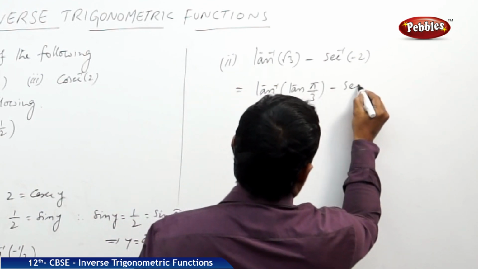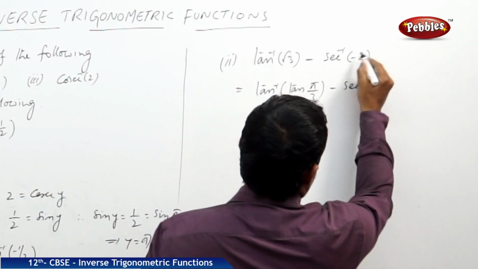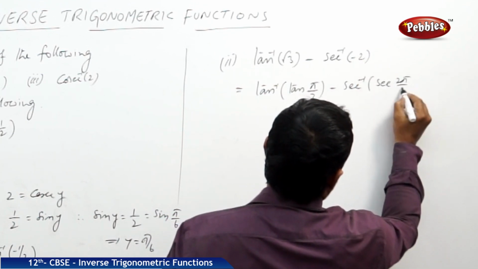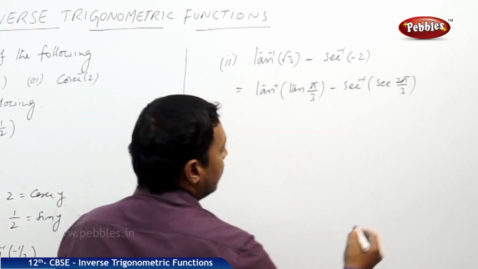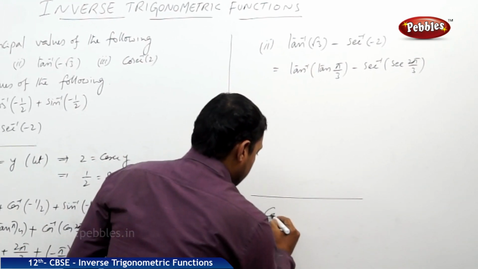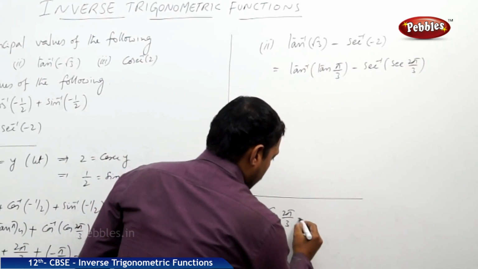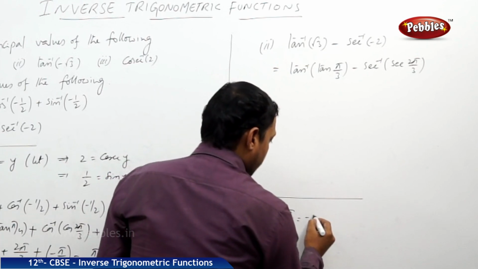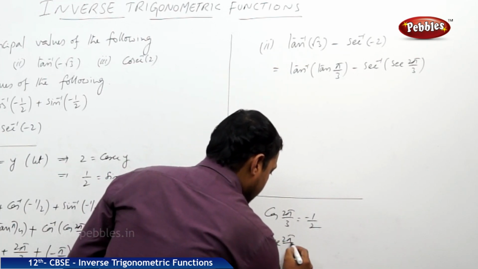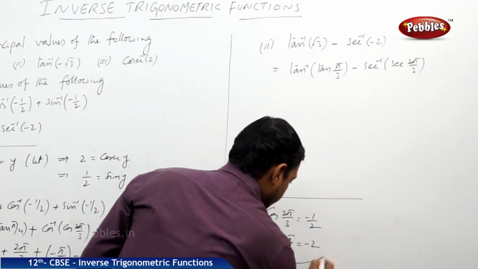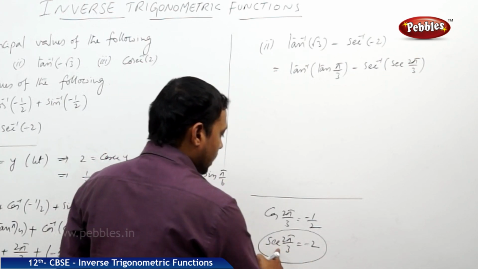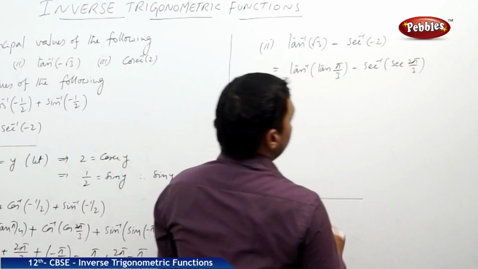And secant inverse of minus 2 is equal to secant 2 pi by 3. Why? Because let us take the cos 2 pi by 3 value. You know cos 2 pi by 3 is equal to minus 1 by 2. While taking the reciprocal, secant 2 pi by 3 is equal to minus 2. So minus 2 can be replaced by secant of 2 pi by 3.